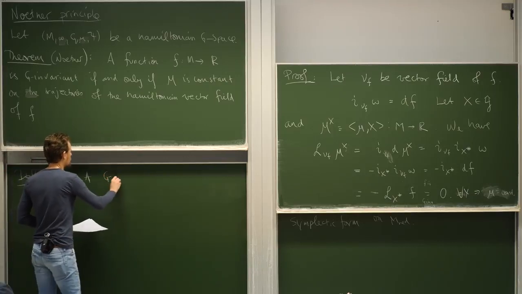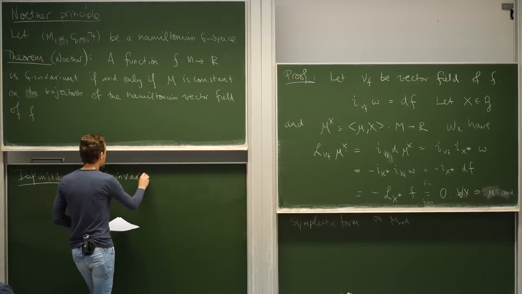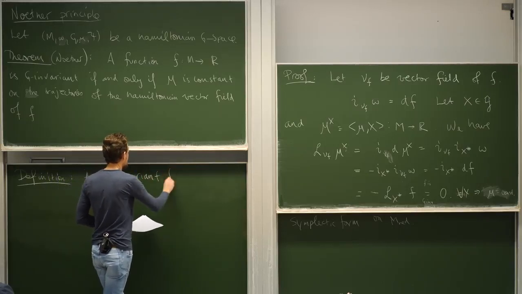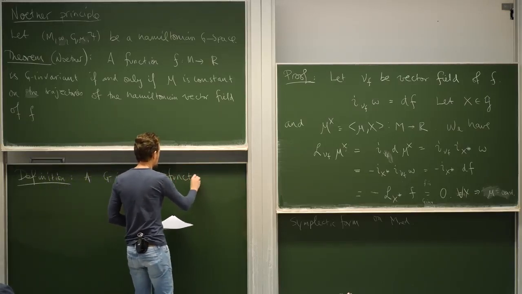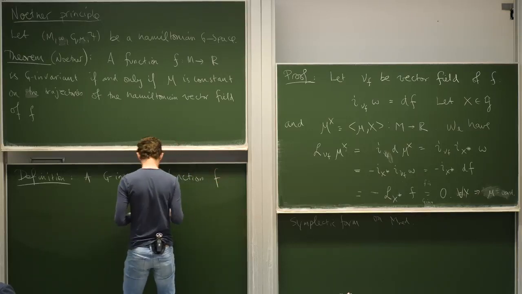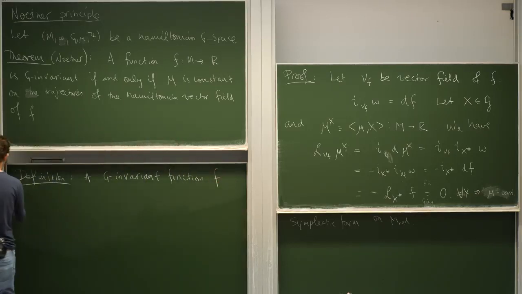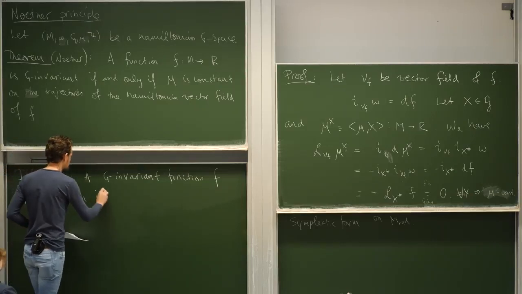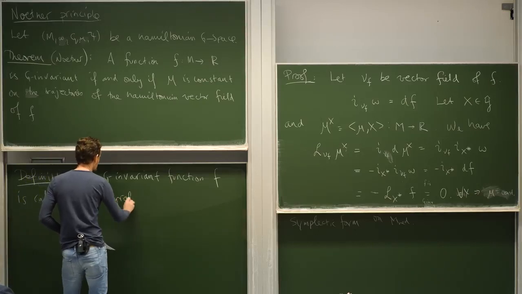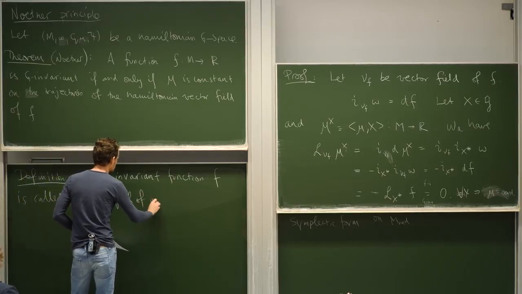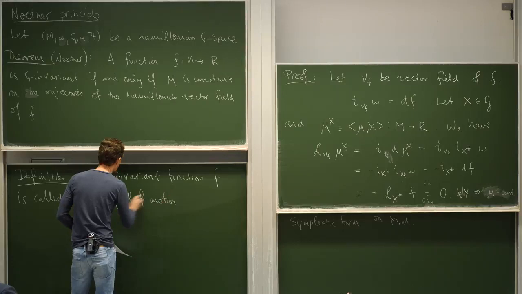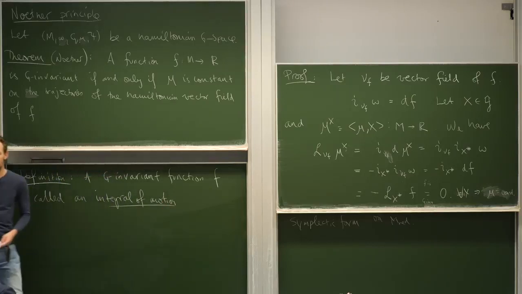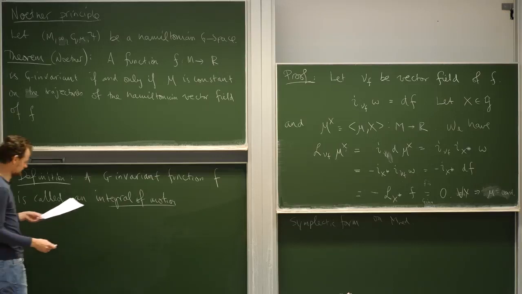If you have a G invariant function, well, just by analogy to the Hamiltonian case, if you have a function that doesn't change under the Hamiltonian dynamics, then it's called an integral of the motion.